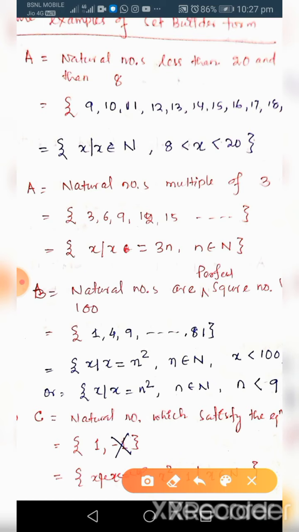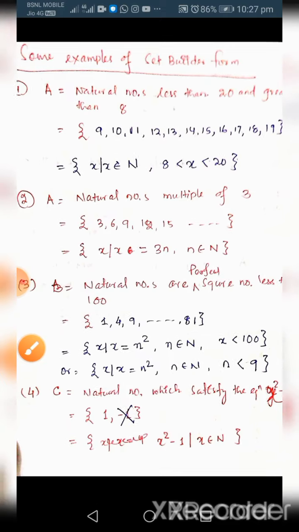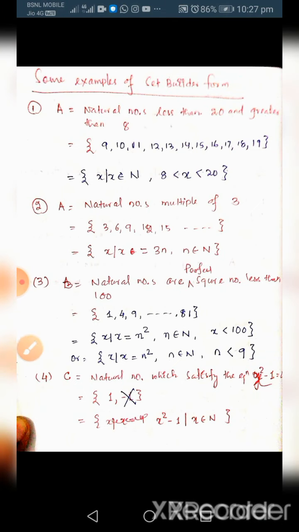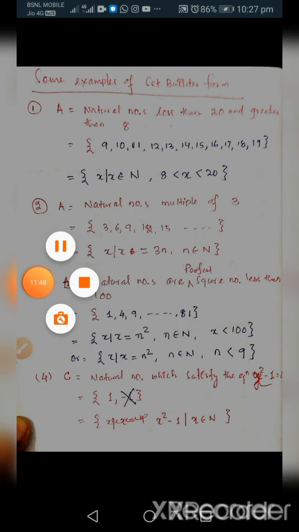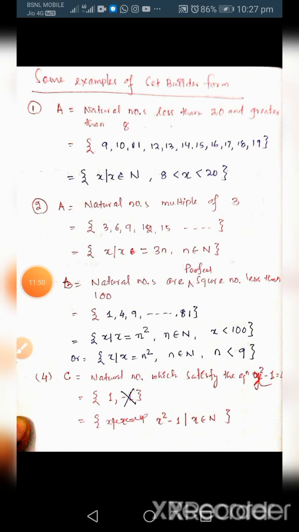Next, the third example: natural numbers that are perfect squares less than 100. What are the perfect squares? 1, 4, 9 up to 81.